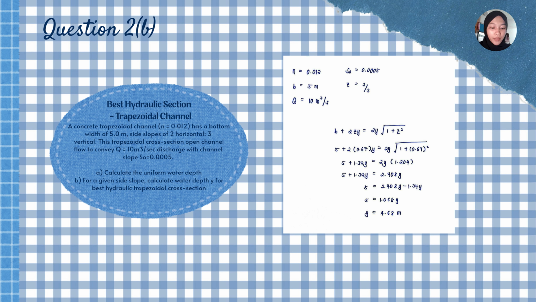Question 2b. This question is about finding the normal depth of flow in a channel using Manning's equation. The area of flow A is given by A equals (b plus zy) y, P equals b plus 2y square root of 1 plus z squared, and R is A over P. We substitute this into the Manning equation and solve for y, which is the normal depth.